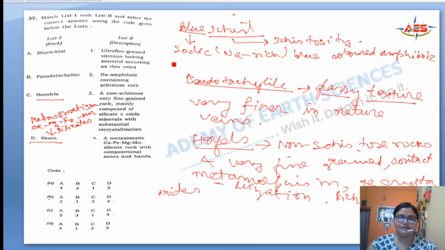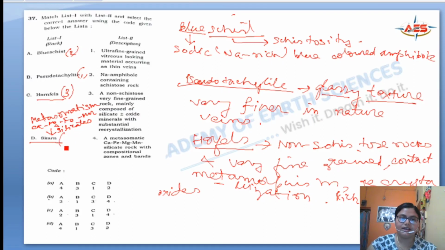Now blue schist has sodic blue amphibole and schistosity present, so option 2 is for blue schist, that is Na rich amphibole with schistose rock. Pseudotachylite is option 1, because they are ultrafine grained and vitreous looking material occurring as veins. Hornfels are a non-schistose very fine grained rock mainly composed of silicates plus minus oxides with substantial recrystallization.